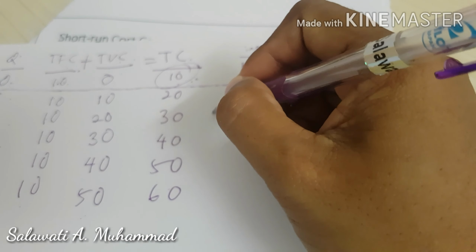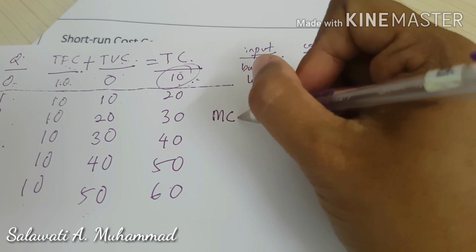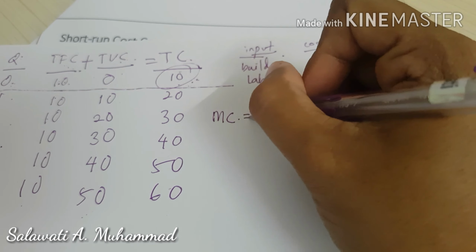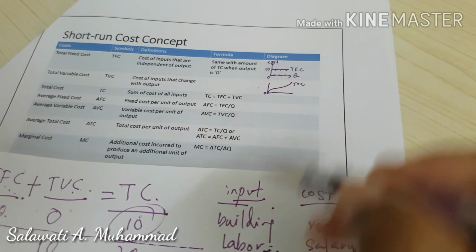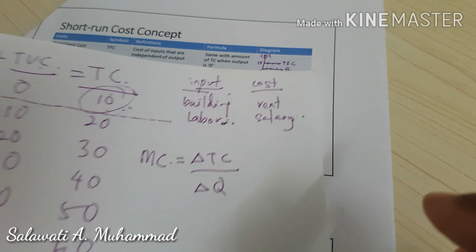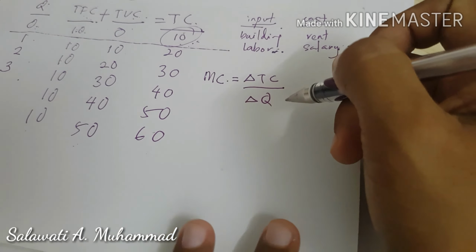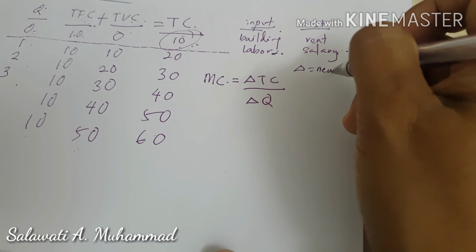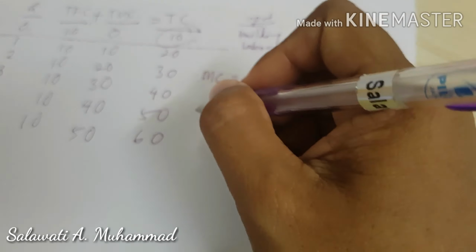Sorry, I go to the formula first. The formula says marginal cost is the change in TC divided by the change in quantity. Change means the new amount subtracted by the old amount.